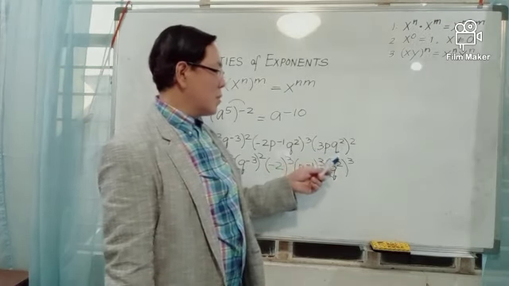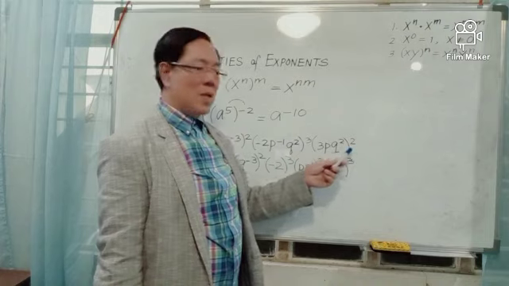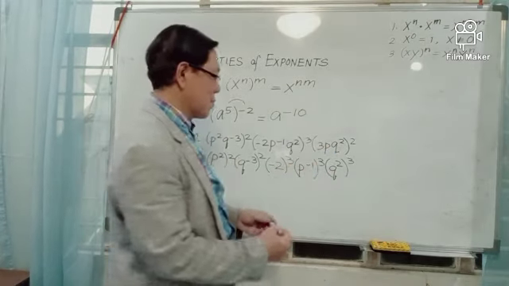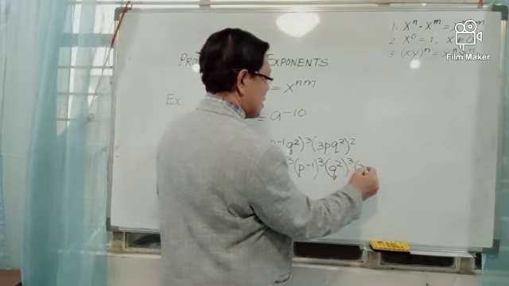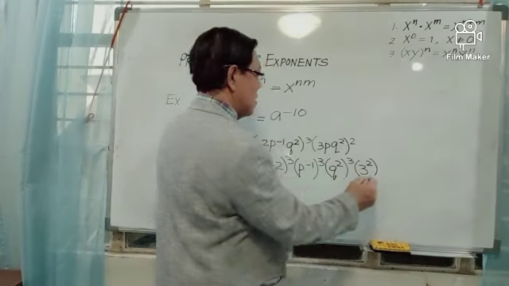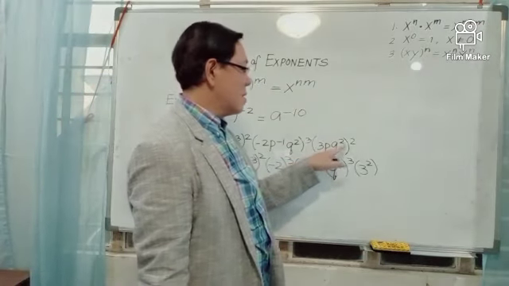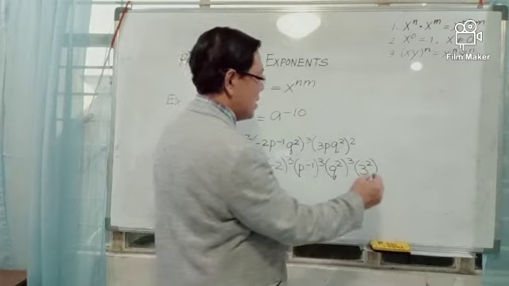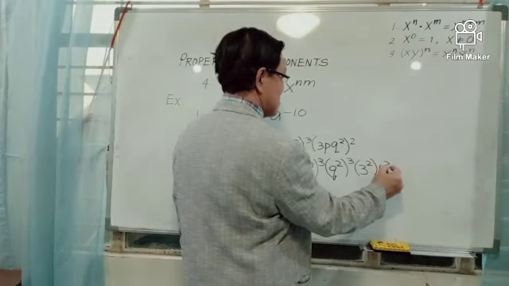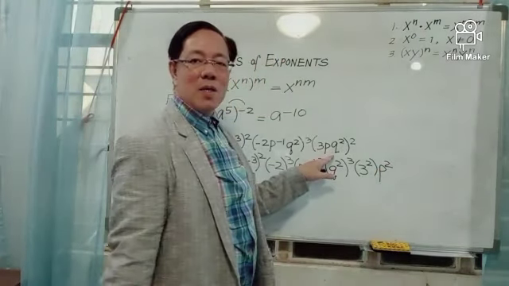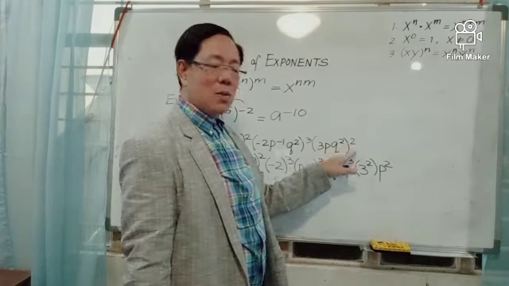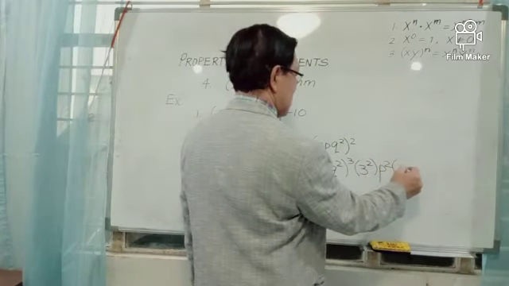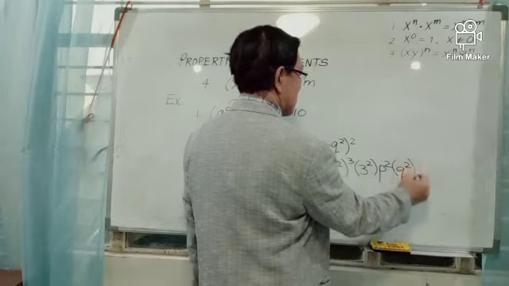Hence 3p q squared raised to 2 is equal to 3 raised to 2 or 3 squared multiplied by p raised to 2 or p squared multiplied by q squared raised to 2.